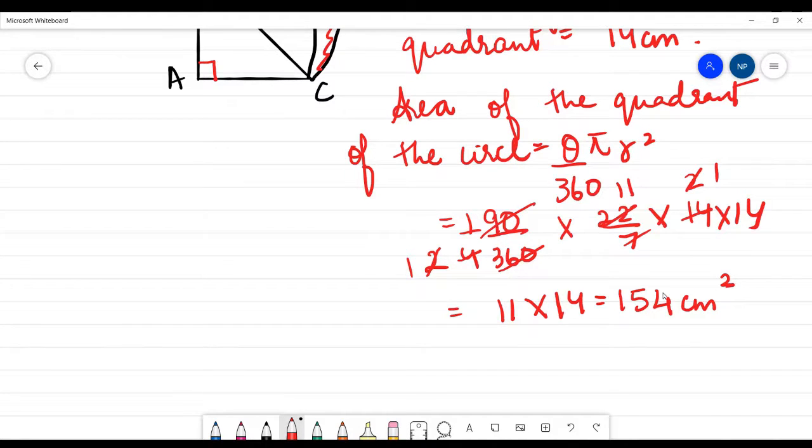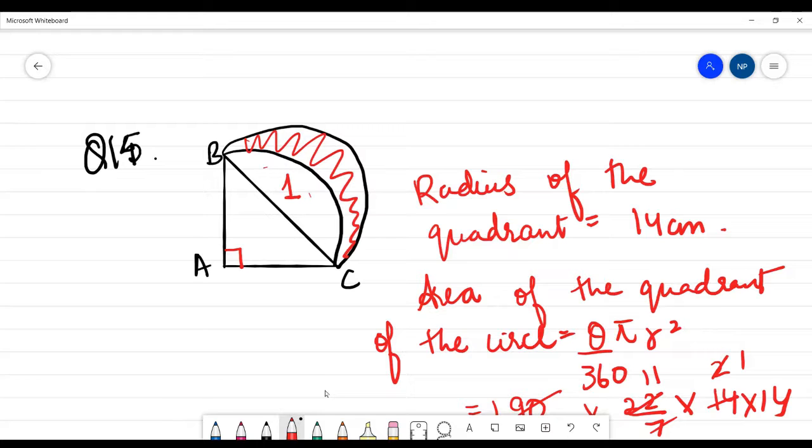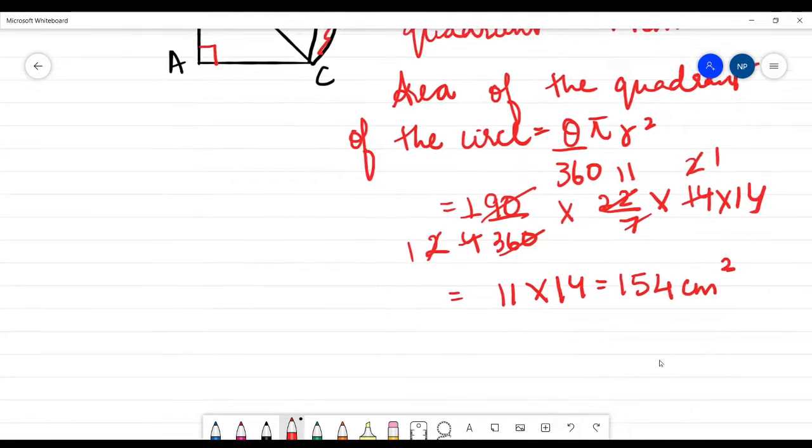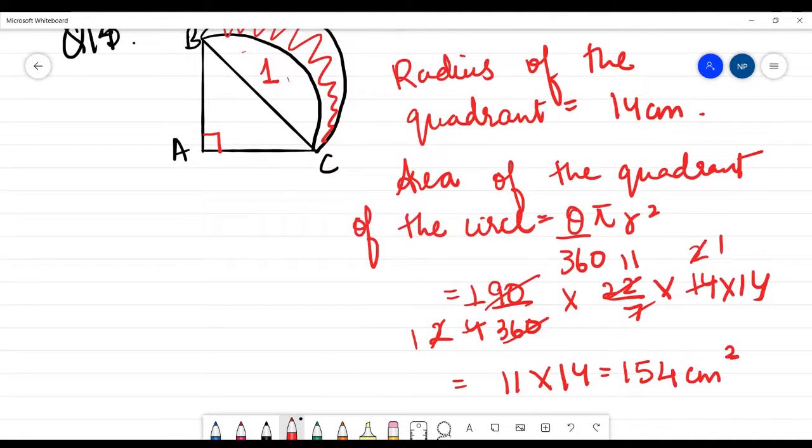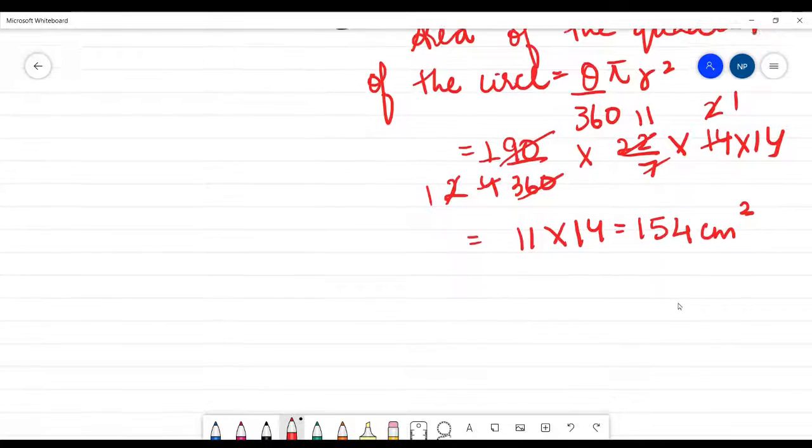Then, to find the area of the shaded region marked as 1, first we take the area of the quadrant and then subtract the area of the triangle. To get this particular segment, we take the area of the sector and subtract the area of the triangle. The area of the quadrant of the circle is 154 centimeter square.